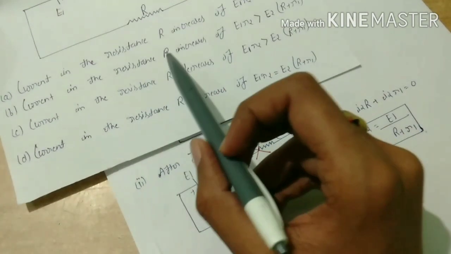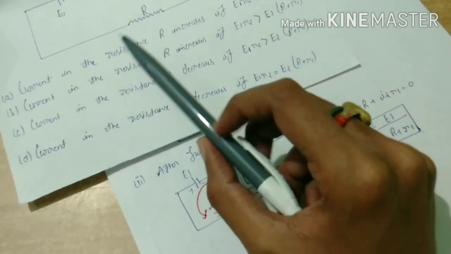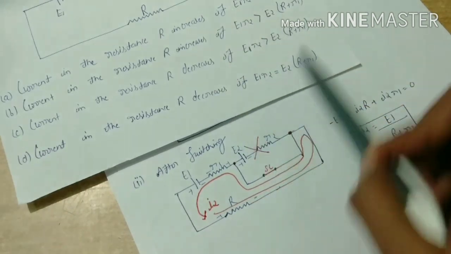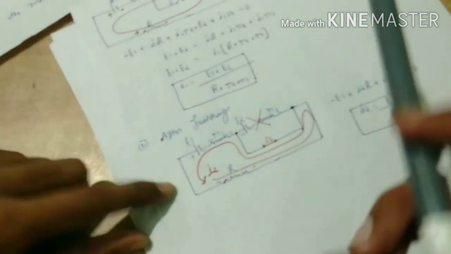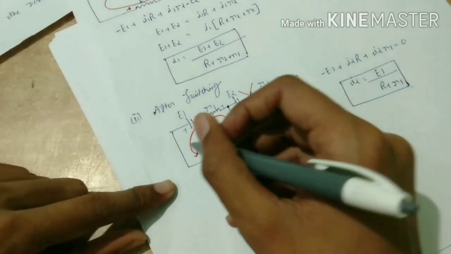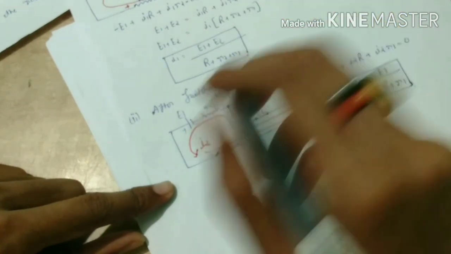The option says that the current in the resistance R increases or decreases, and these are the conditions. So let's check. Suppose after short circuiting, current I2 may decrease or increase.